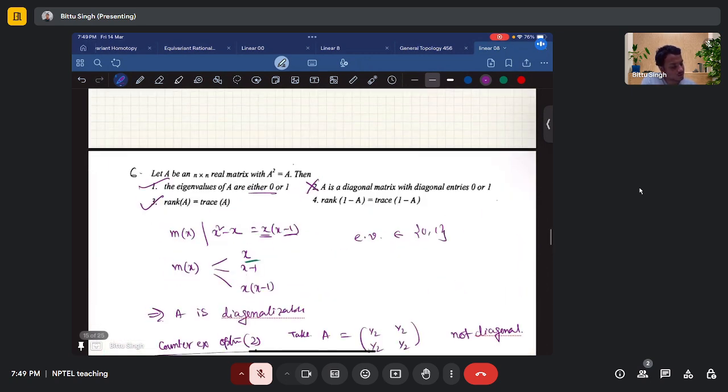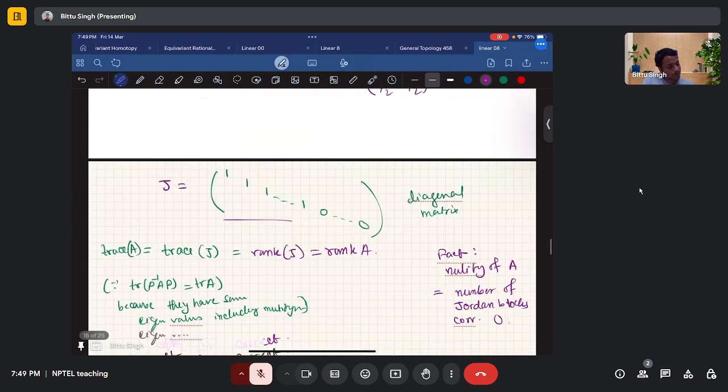Those are called projection matrices. Therefore, the rank of I minus A is the same as the trace of I minus A. This is true. So those are the correct options.